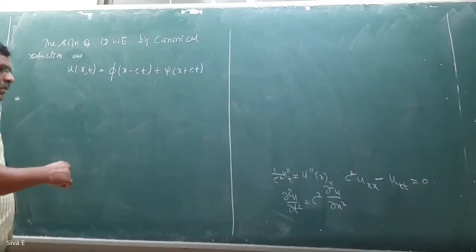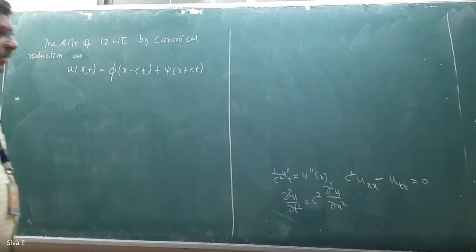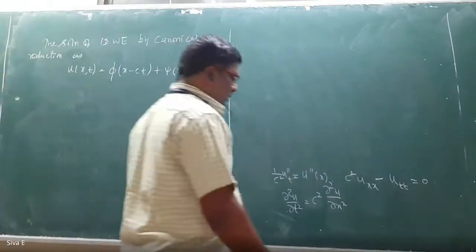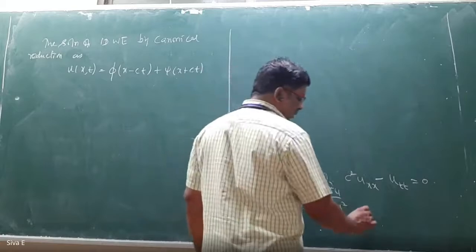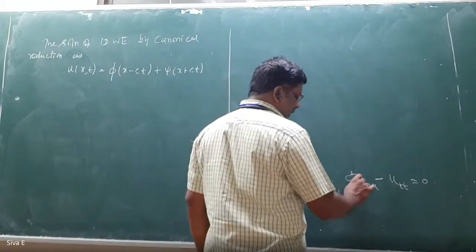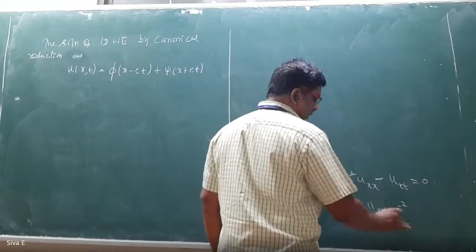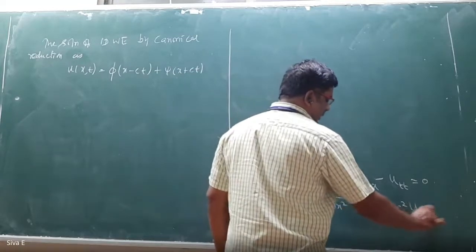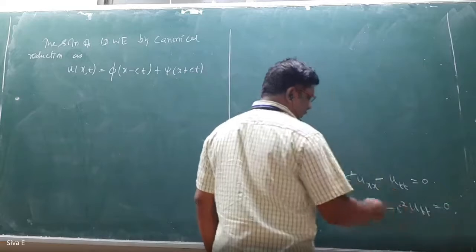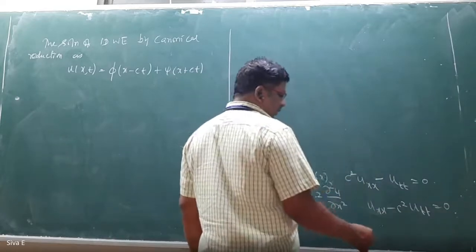Actually, in one textbook it is clearly given how they consider x minus ct and x plus ct. It is like they are taking u_xx minus c² u_tt equal to 0.